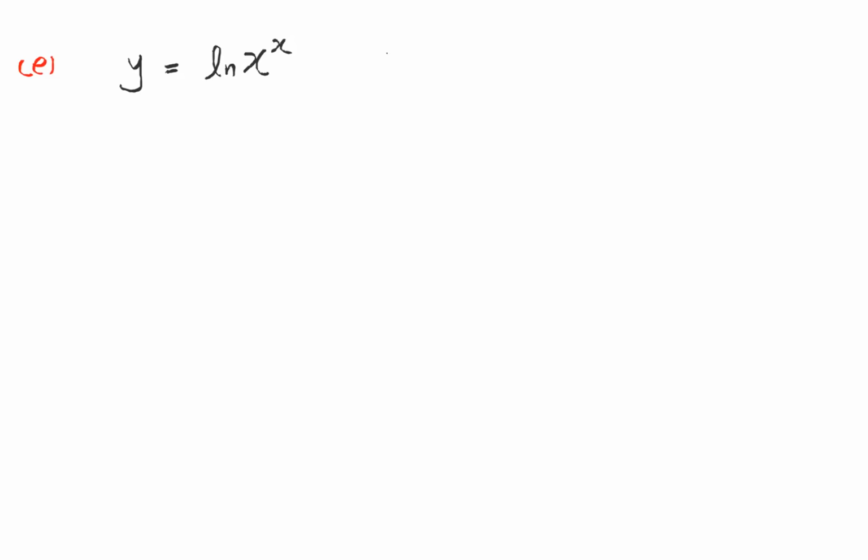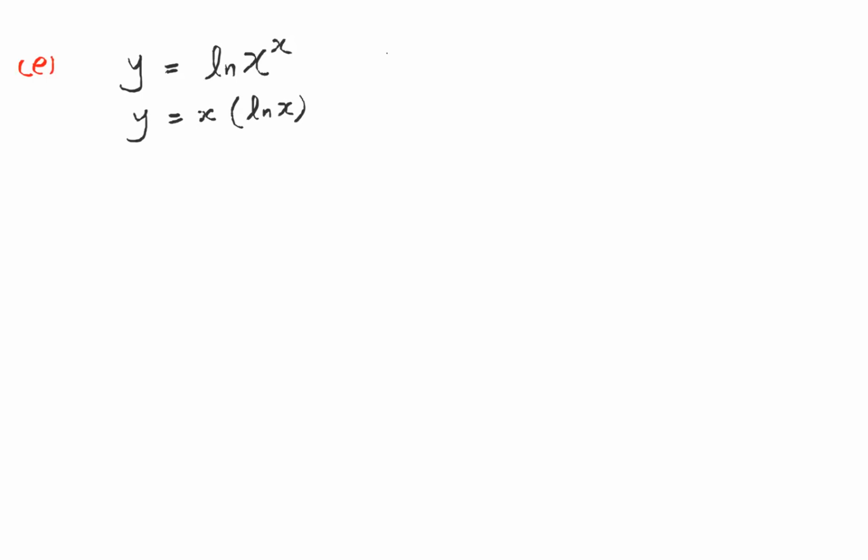So I will write this as x times ln x. So what rule should I use?